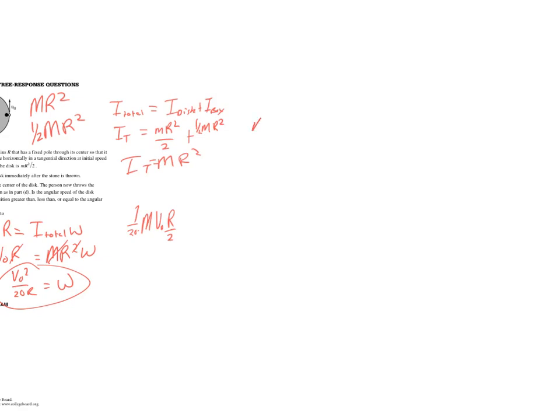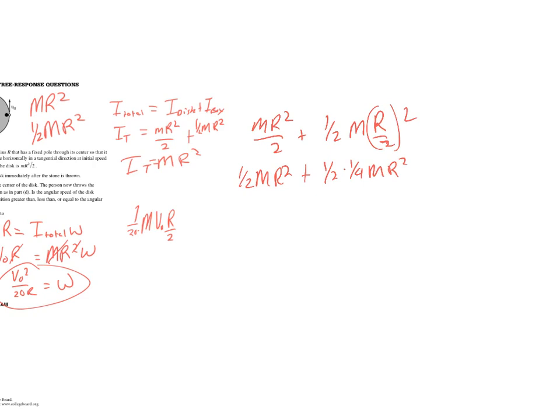Instead of mr squared divided by 2 plus 1/2 mr squared, because the boy was at the edge, now the boy is at r divided by 2, so that's squared. So we end up with 1/2 mr squared plus 1/2 times 1/4 mr squared, which would be 1/8. So 5/8 mr squared is now our I total.